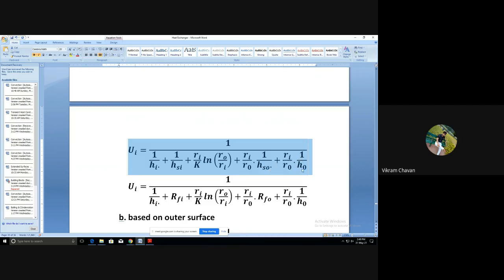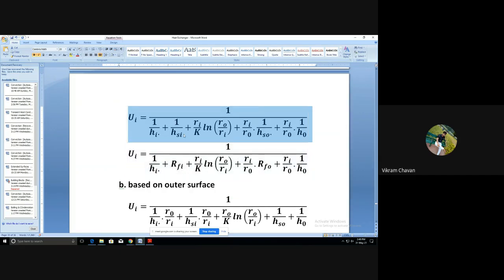Now in this equation, we have already considered that the reciprocal of the scale convective heat transfer coefficient is nothing but the fouling factor, which is represented as R_F.